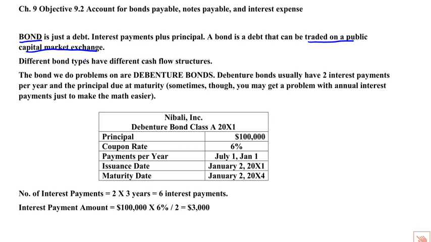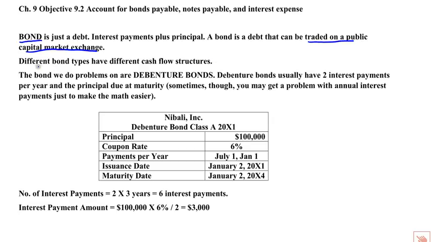So a bond may be $10 million, but it's broken down into 1,000 different pieces, because they trade in components or parts, subparts of the debt.